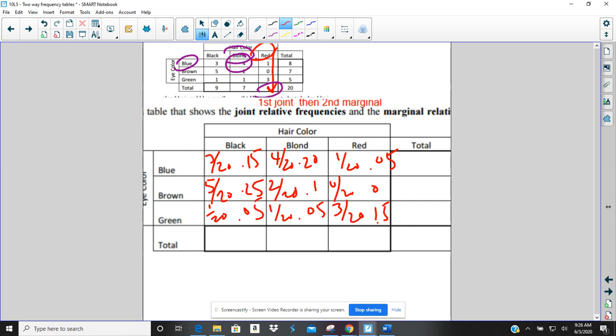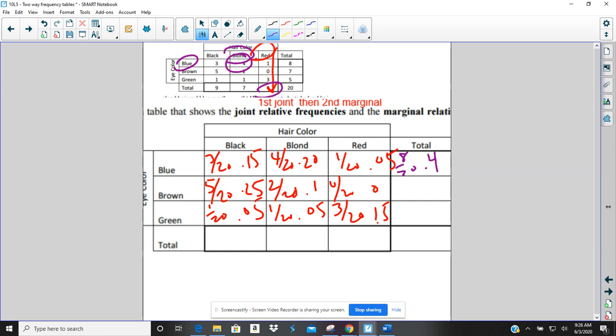Let's do the marginal relative frequencies. Why is it called something different? Because we're going to use them in different ways eventually, but it's the same math. So for example, I'm going to do the totals for everyone who has blue eyes. So I'm going to do 8 divided by 20. 8 divided by 20, I don't know off the top of my head, is 0.4. Well, I did if I thought about it for a second, right? 40%.